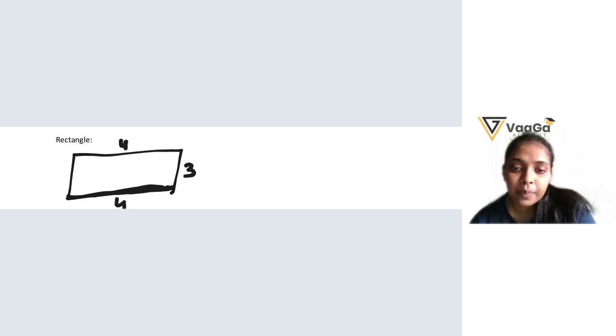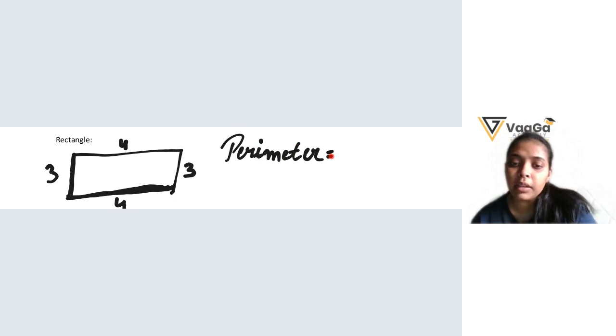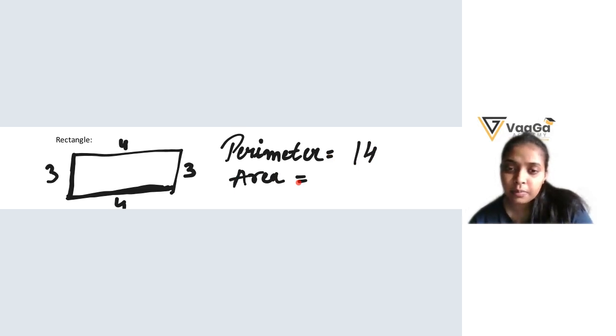And this side will be 3. So now can you tell me the perimeter? 14. Very good. And what will be the area? 12. How did you get 12? You multiplied 4 by 3.